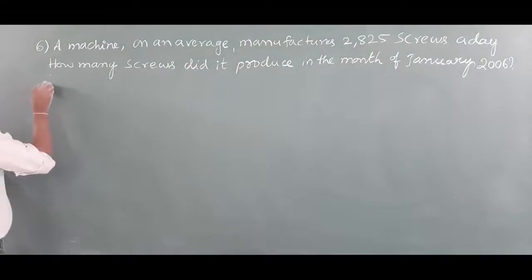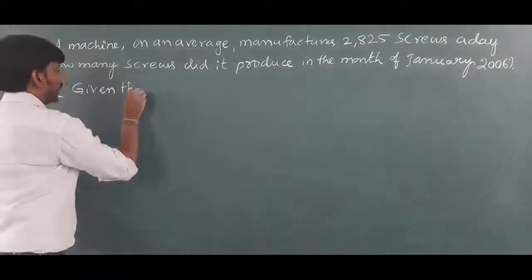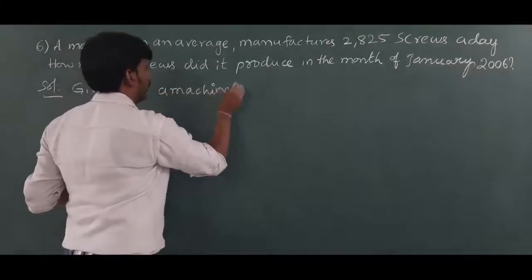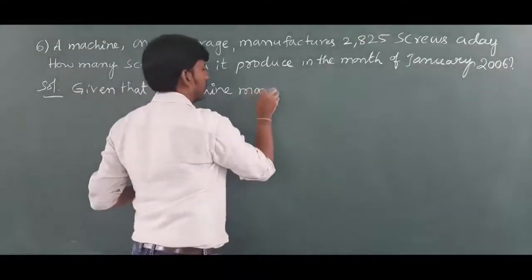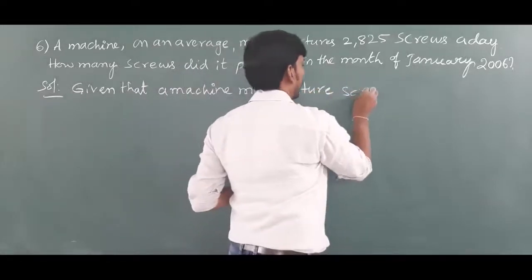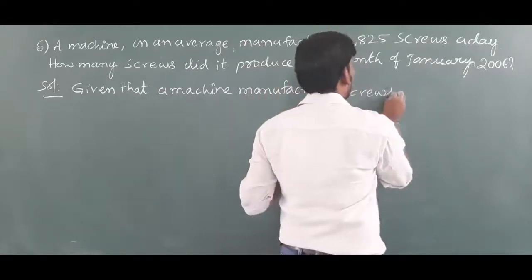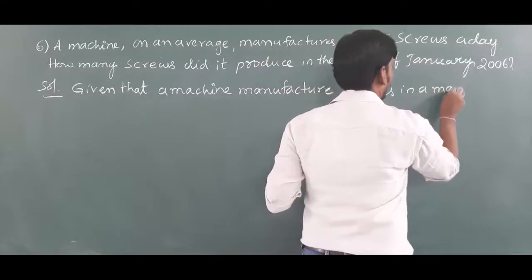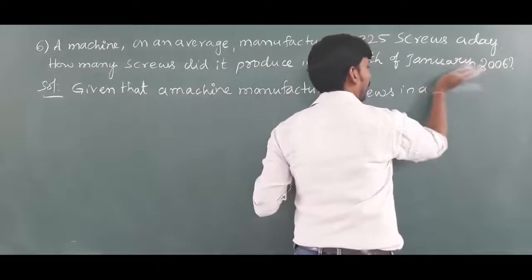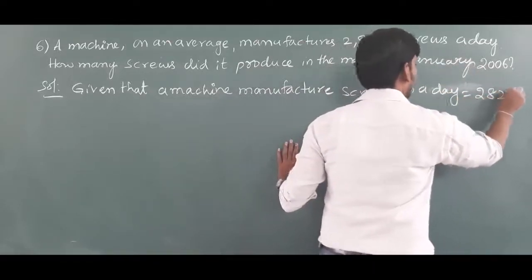Okay children. So given that a machine manufactures screws in a day is equal to 2,825 screws.